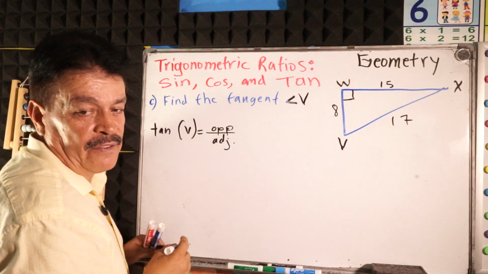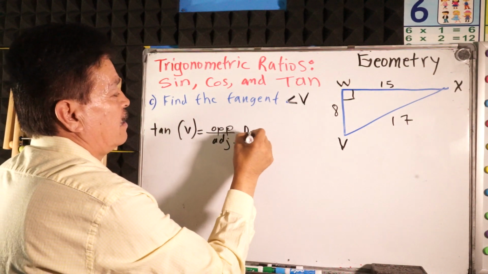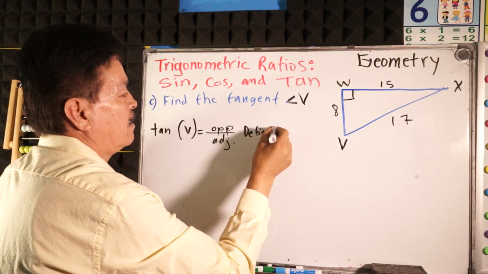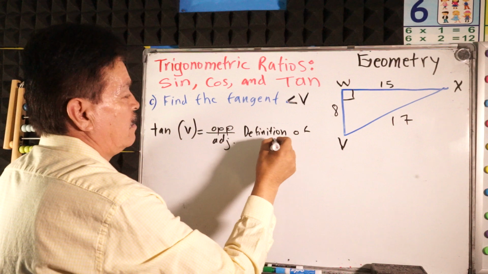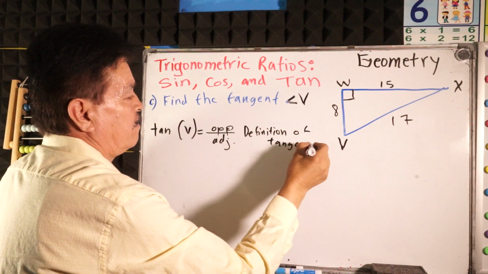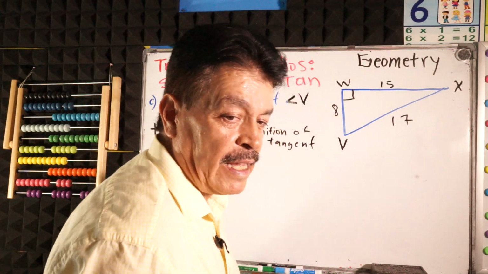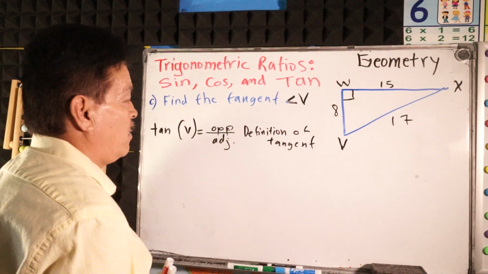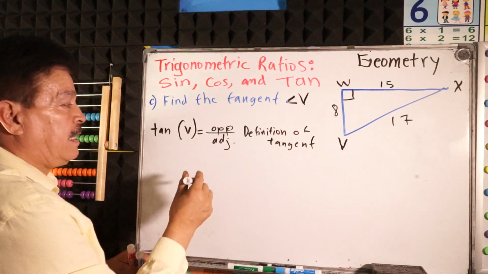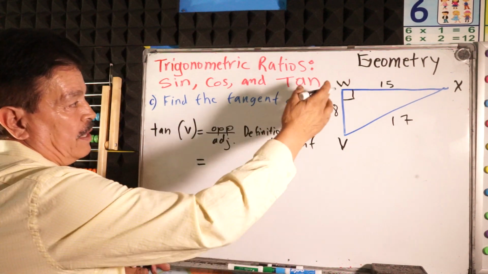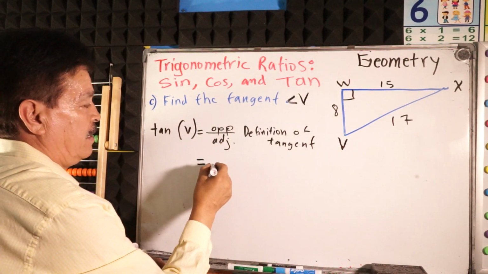Okay, this is the definition of tangent. Step by step is very important, right? Okay, let's substitute with the variables or the letters.